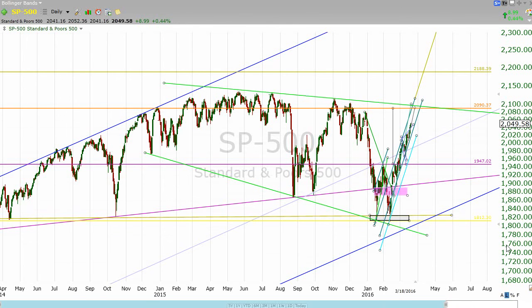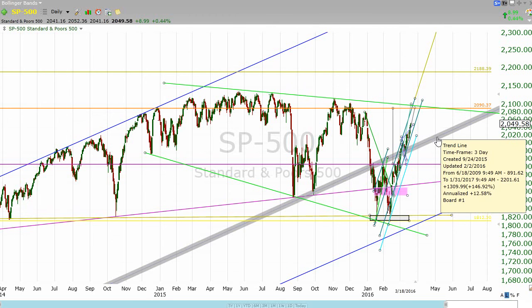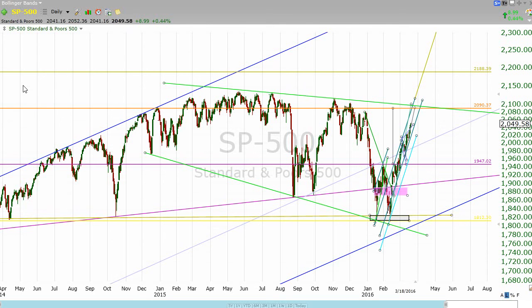But it's also possible that we're merely putting off the breakdown of a large head and shoulders top. So it is not a clearly bullish picture at this point, and it is not a clearly bearish picture at this point. For 2 years now, the S&P has really been in a period of indecision.